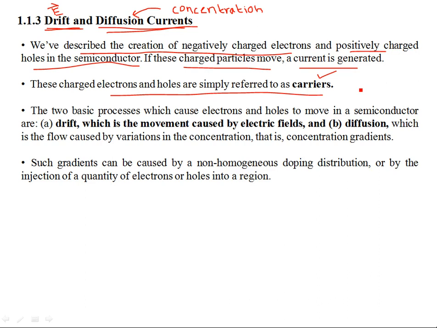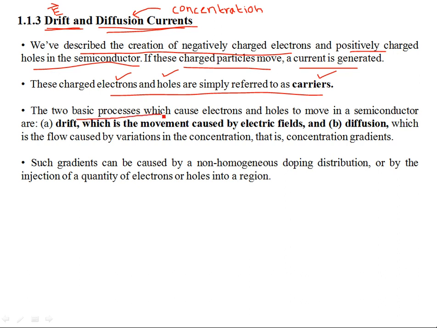If it is boron-doped, group 3 doped silicon crystal, then you have holes, because boron is going to accept electrons from the nearby valence electrons and create holes. So you have a majority of holes if it is group 3 doped, and the holes are the majority carriers for p-type. Both electrons and holes constitute the conduction of current in semiconductors.